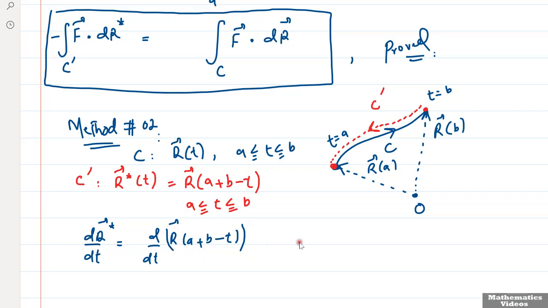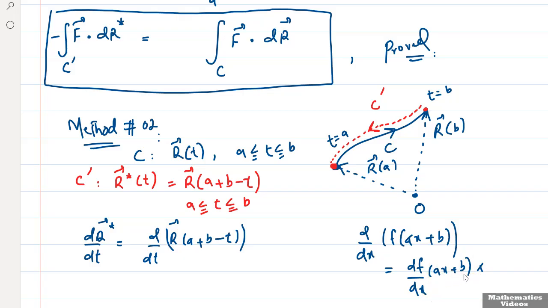Now again we will use the rule, that is the derivative with respect to x of f of ax plus b is equal to the derivative of f with respect to x evaluated at ax plus b multiplied with the derivative of ax plus b with respect to x, that is just a.